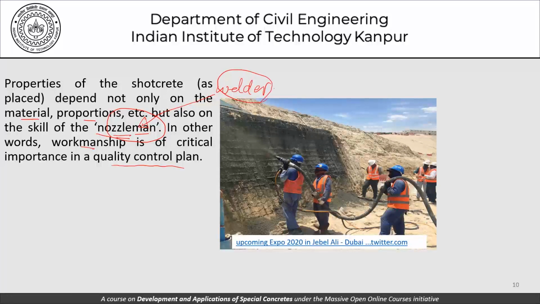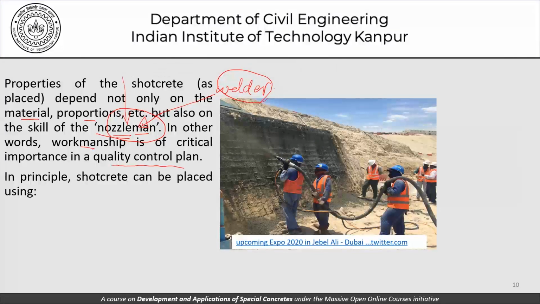A welder works with steel, and there are different types of welders and different qualifications that exist. I'm leaving it to you to look for qualification methods for a nozzleman. How do we go about passing a nozzleman, stating that yes, this person has passed the test and is qualified to place concrete using shotcrete as a nozzleman?